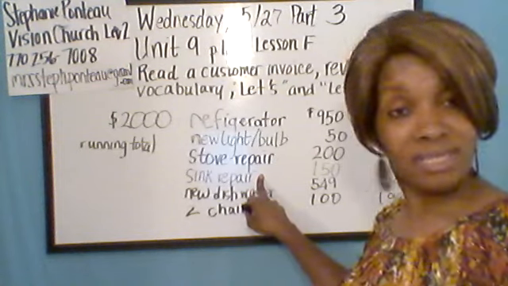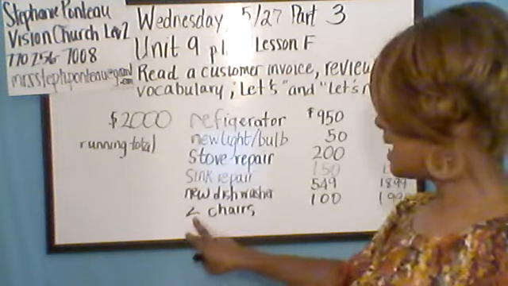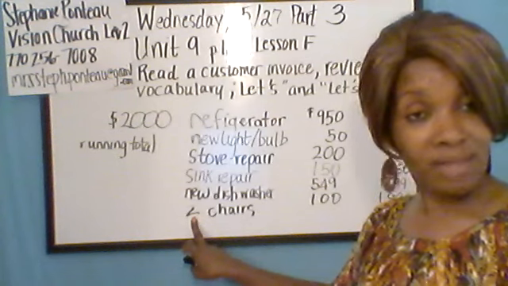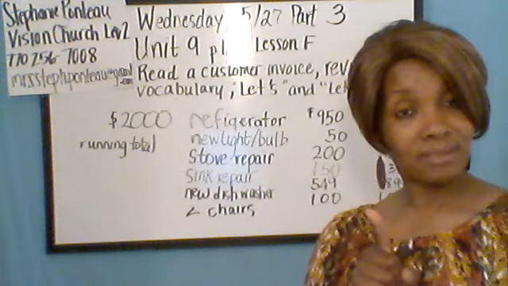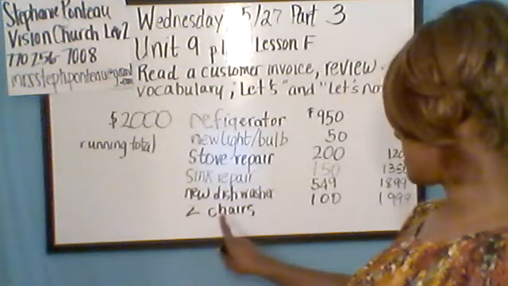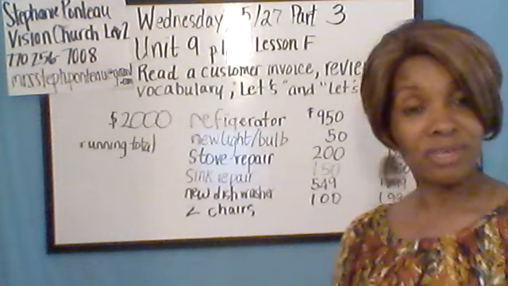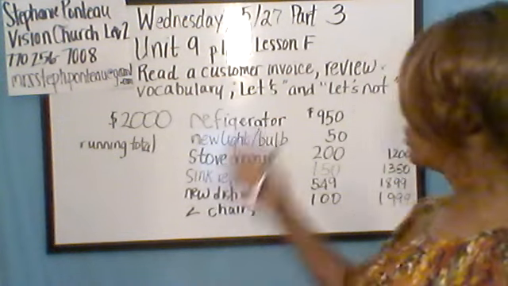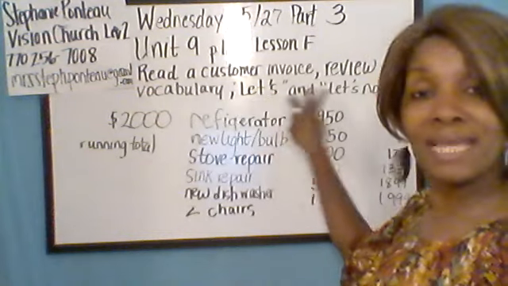Let's fix the sink. Let's not buy a new table, because we can paint it to get rid of the stain, or we can use a tablecloth. And then I would say, let's buy two chairs to go with the table because those other two chairs are broken. So that was just a way for us to practice using let's and let's not.